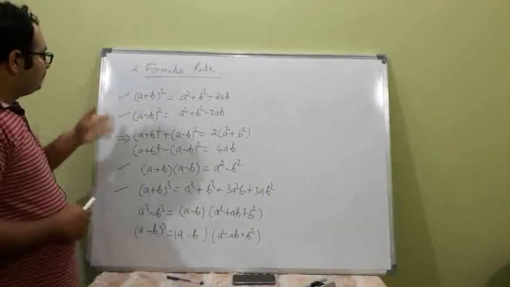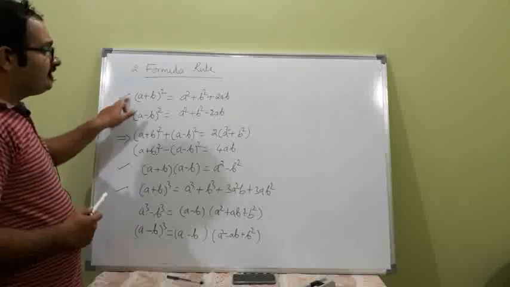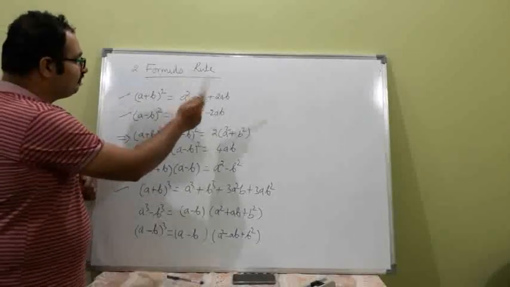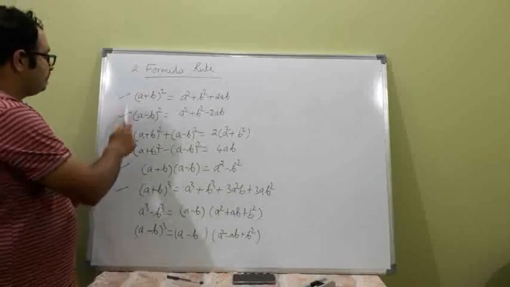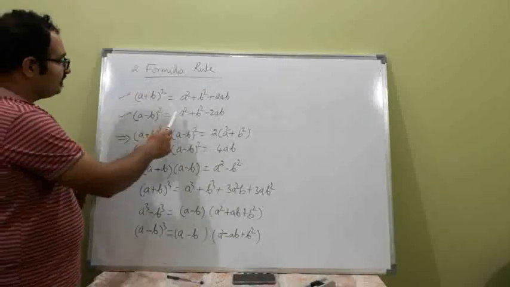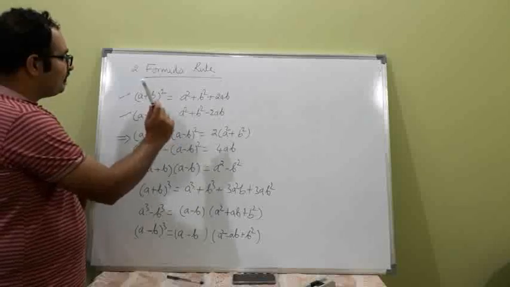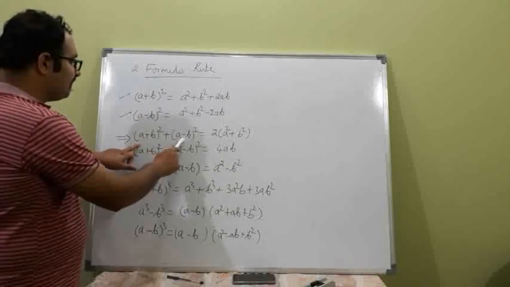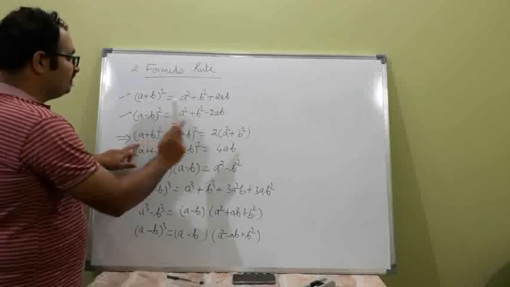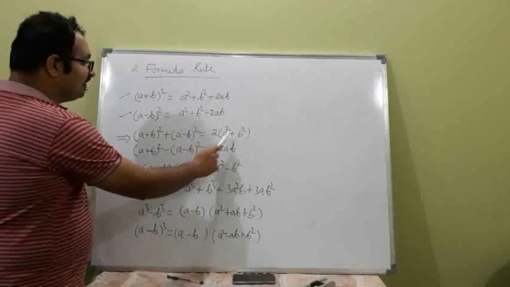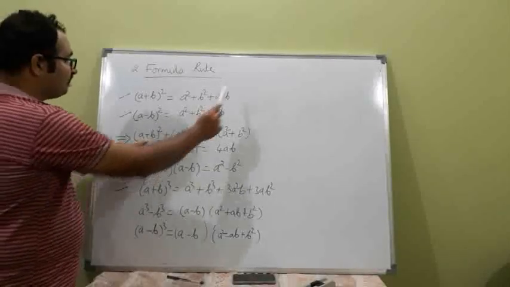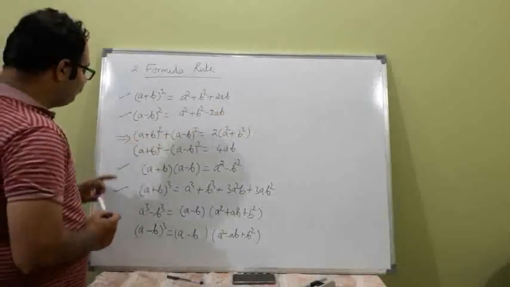Let us consider these formulas. (a plus b) whole square is a square plus b square plus 2ab. (a minus b) whole square is a square plus b square minus 2ab. (a plus b) whole square plus (a minus b) whole square, 2 is the common factor, a square plus b square. This formula is arrived from these two formulas.